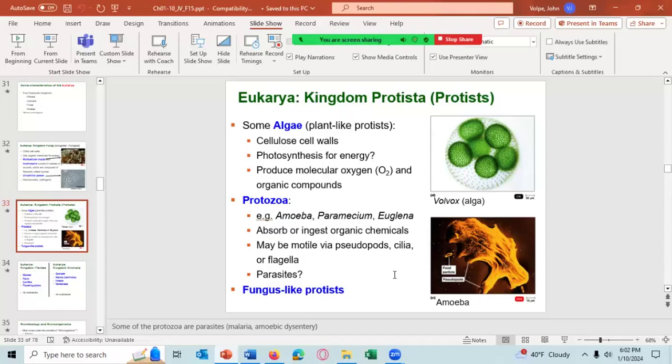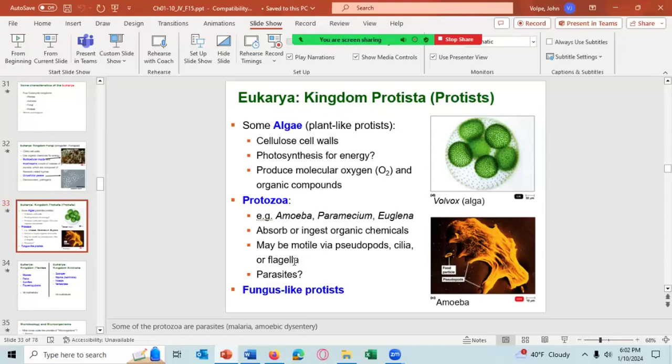The protozoa may be motile. They can move by pseudopods, cilia, and flagella. Remember, in the domain bacteria, if the cell moves, it's moving because of flagella, because that's the only way a prokaryotic cell can move.